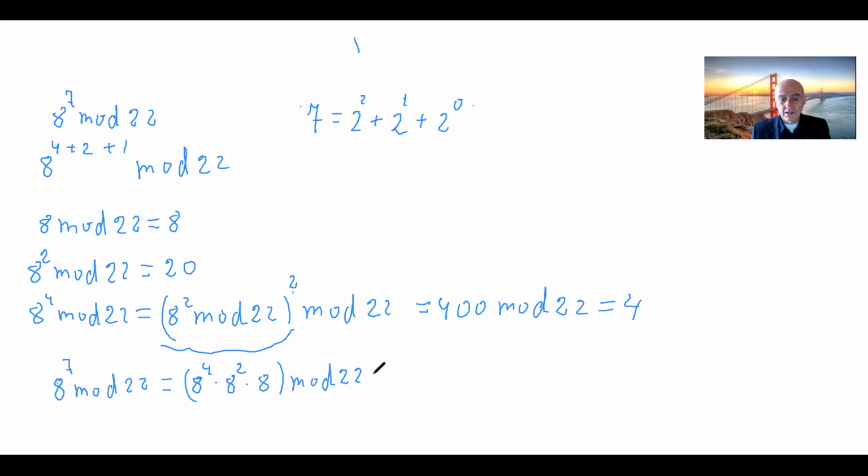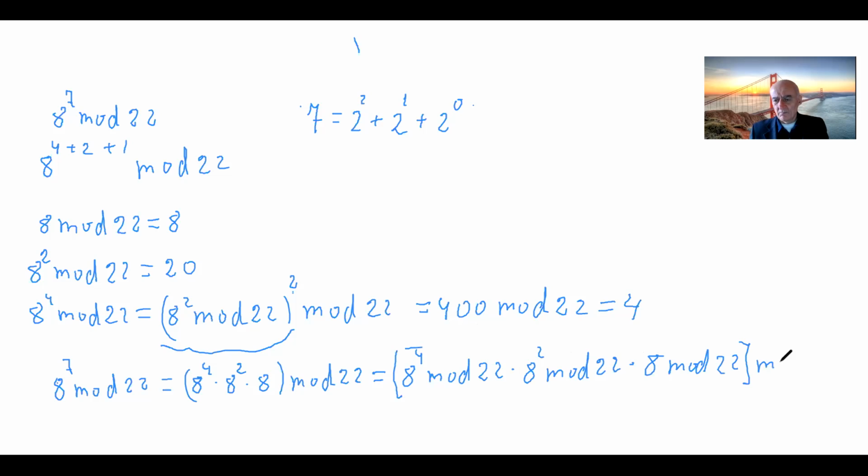Now I will use our property and it equals 8 in the power 4 mod 22 times 8 square mod 22 times 8 mod 22, and this is everything mod 22.